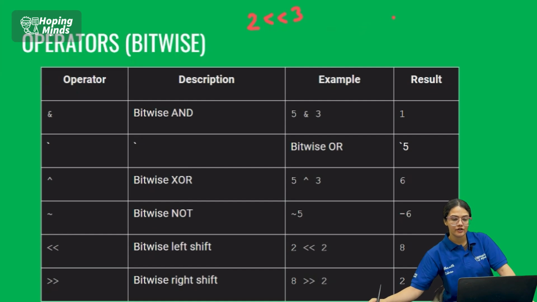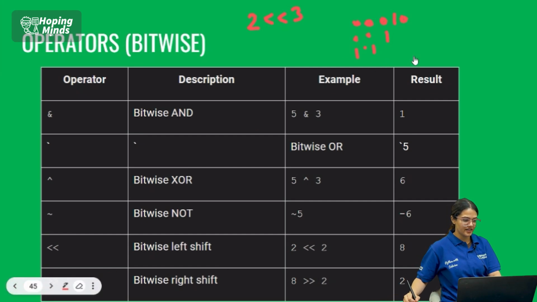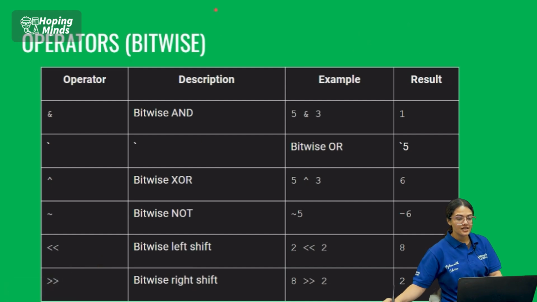So how do you represent 2? This is how you do it. 1 0 0 0 0. Suppose I have these many zeros. So if I'm supposed to shift it towards the left, this 1 will move over here 1 time, second time, third time. So this all is 0. I'm sorry, this looks a bit messy. I'll do it again. Okay, so this was our example of bitwise left shift 3 times.